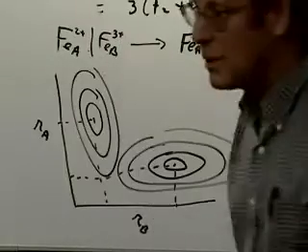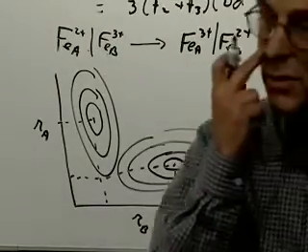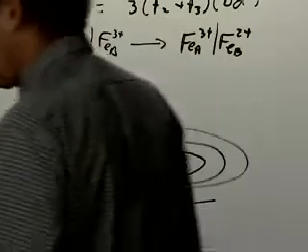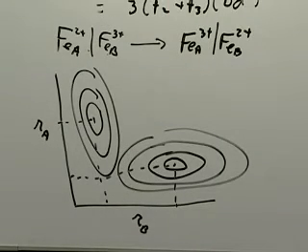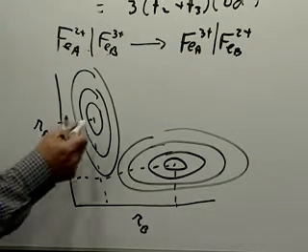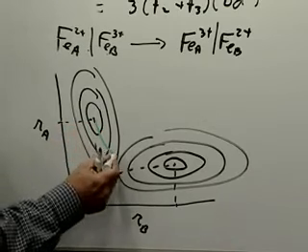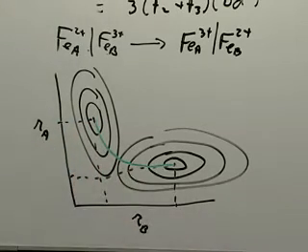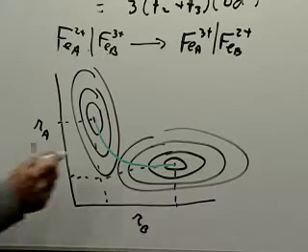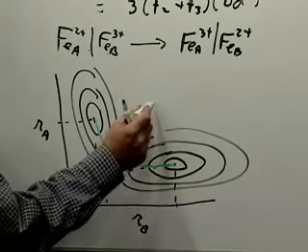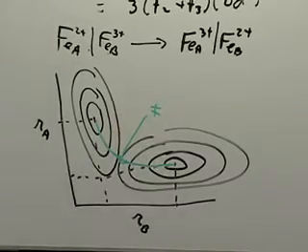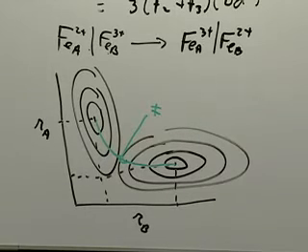And the reaction is going to move on that potential energy surface. And the reaction path, if you draw it, the classical reaction path is basically going to be like that. The transition state is going to be here. And you can calculate the motion by dealing with that surface.